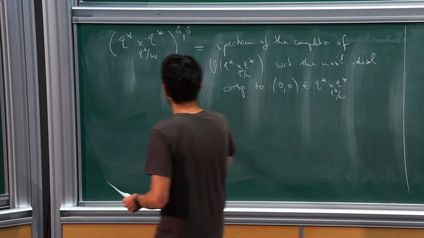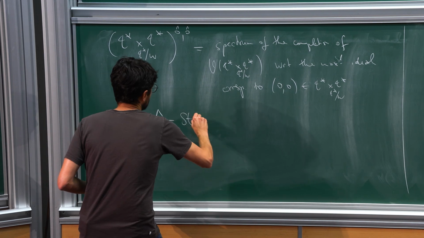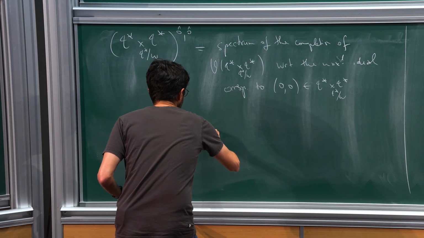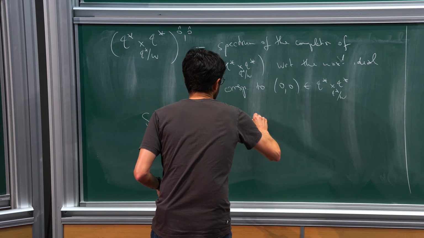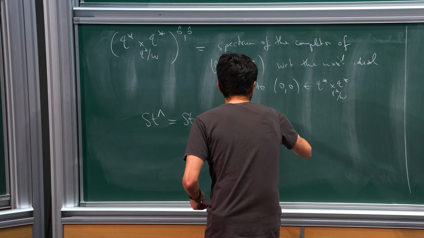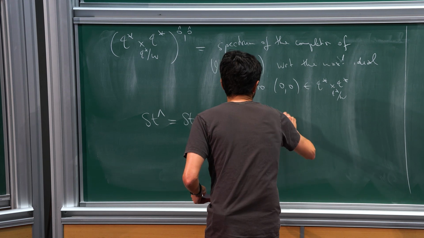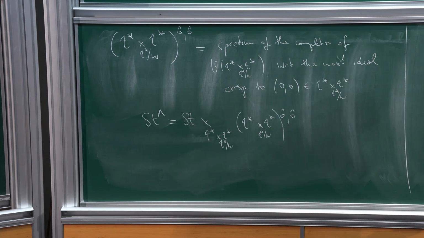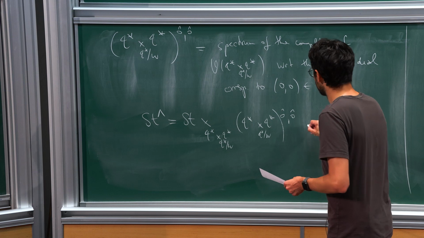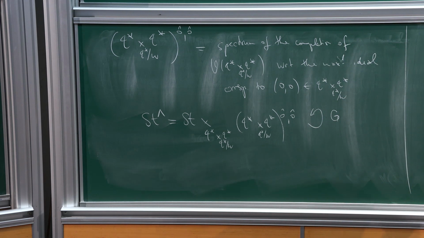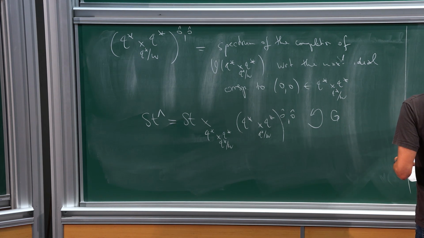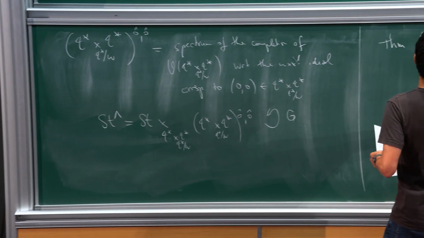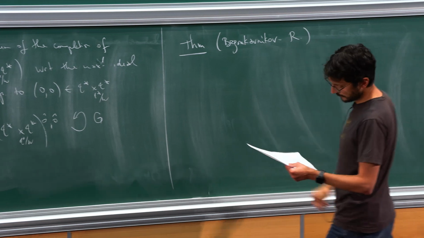And I will denote by ST hat the fiber product of ST with this affine scheme over T star cross T star over T star mod W. So once again, I get just a Noetherian scheme with an algebraic action of the group G. And so now I can state the theorem giving the first geometric realization of Harish-Chandra bimodules.